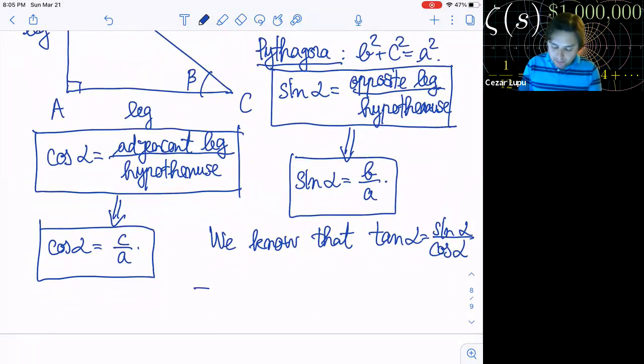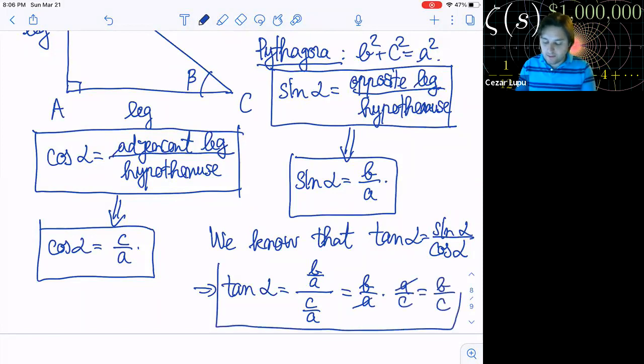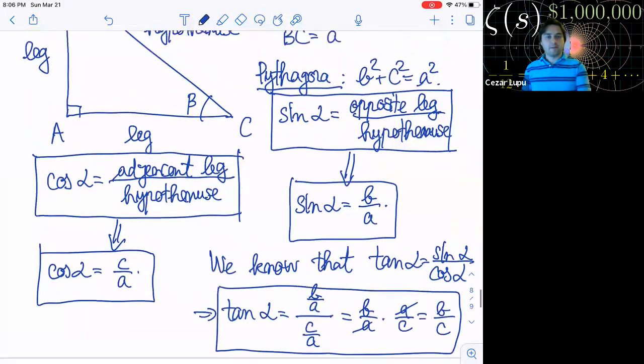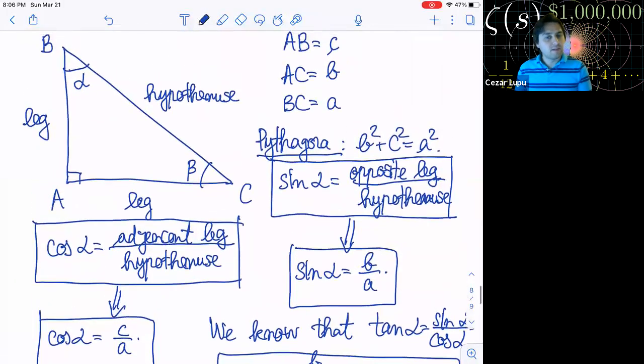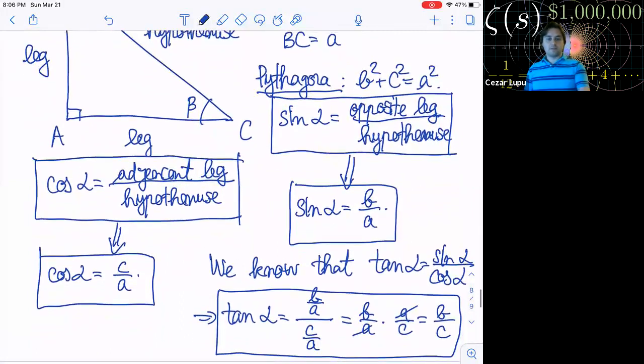So in our case, tangent of alpha is sine of alpha, which is B over A, everything over C over A. Or if you want to put it like this, B over A times A over C, or B over C. And that's your tangent. You can also express cotangent and so on, whatever. And you can do the same thing for the angle beta. It's just the same thing.